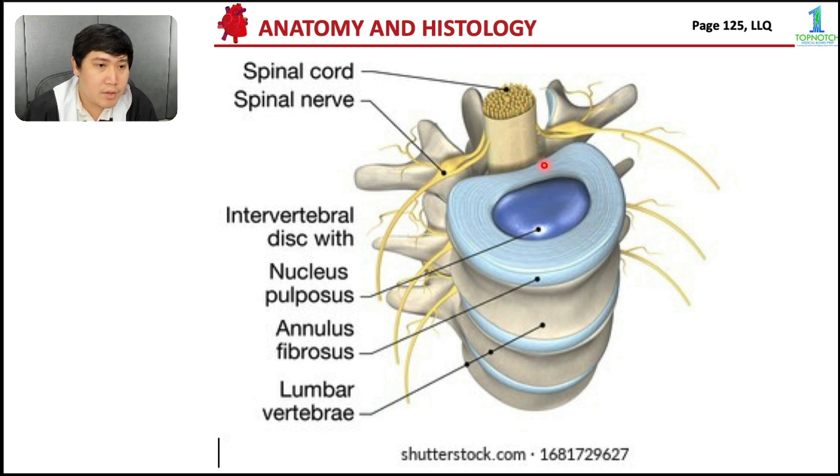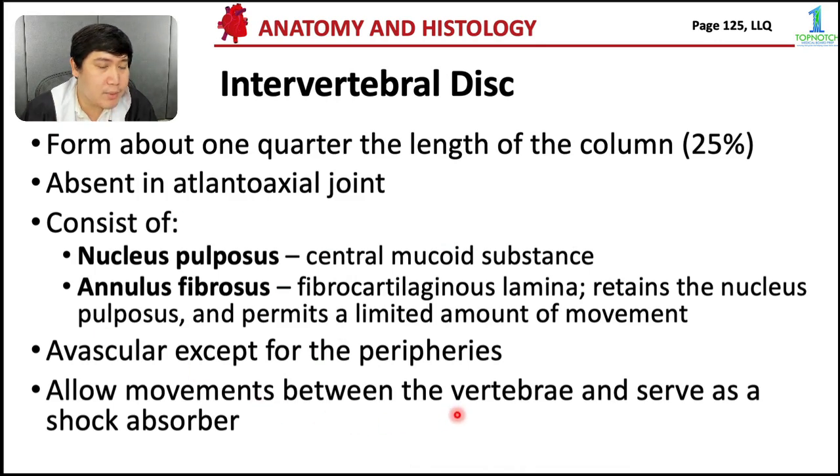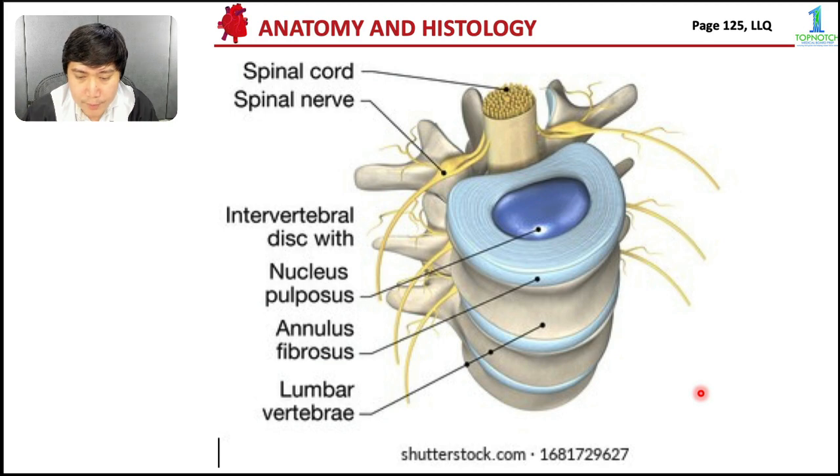And then surrounding it is your annulus fibrosus. It's fibrocartilaginous in nature and acts to resist tension. Your IV disc is avascular except for its peripheries, and it allows movement between the vertebrae and at the same time acts as a shock absorber.